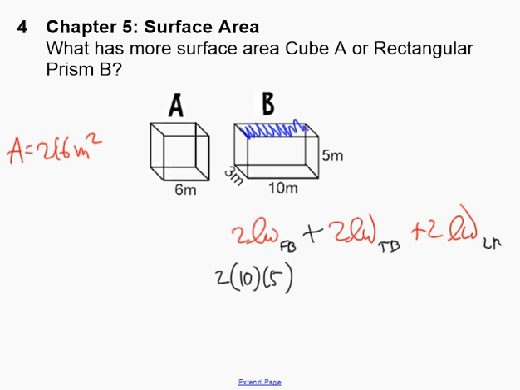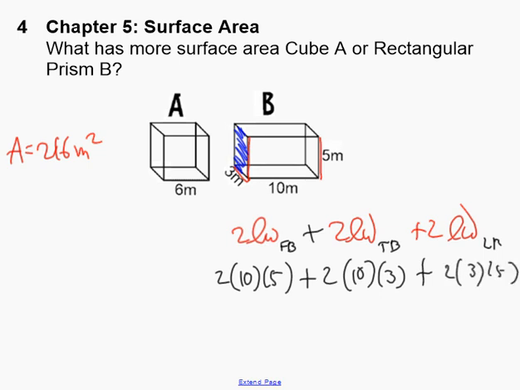It is 10 again, but this time its width is the same as this one down here, which is 3. So there are 2 rectangles that are 10 by 3. And finally, the left and right, if I shade in this left one right here, it is a 3 by 5 rectangle, because there's the 5 over there. So I have 2 rectangles that are 3 by 5.